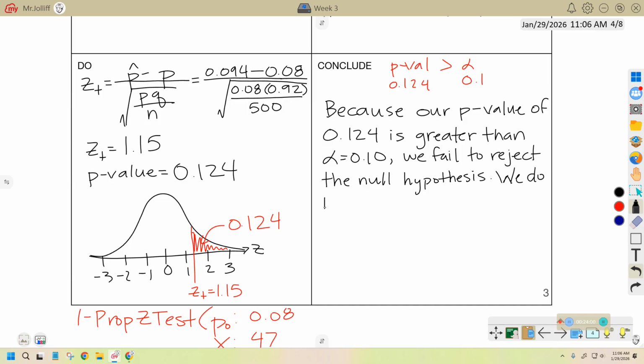We do not have convincing evidence that, how do I complete that sentence? I don't have convincing evidence of what? What was our alternative claim in words? Who can tell me?